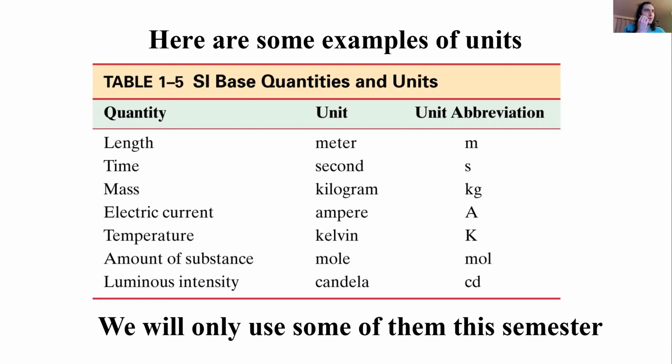This particular unit may or may not come up this semester. Okay, we'll leave that up to chance. We'll only use some of these this semester, okay? But these composite units, though, can often be written in terms of length, time, and mass, okay?